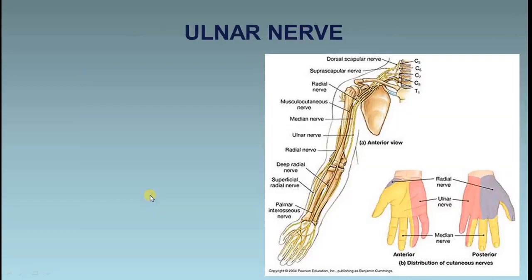Next, coming to the next nerve, which is actually the ulnar nerve. It is also called the nerve of the hand, while the median nerve is called the nerve of the forearm. It is also called the musician's nerve, because it supplies most of the short intrinsic muscles of the hand.